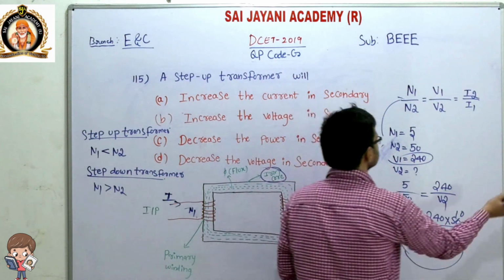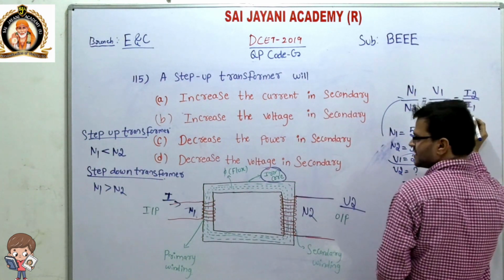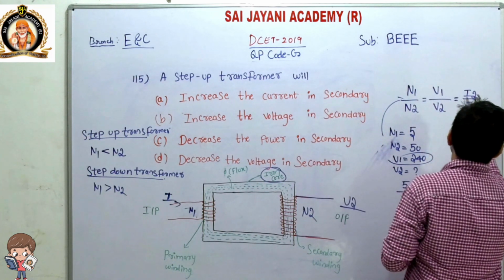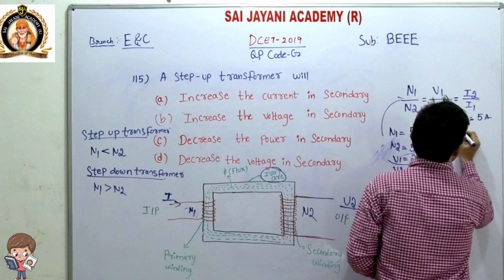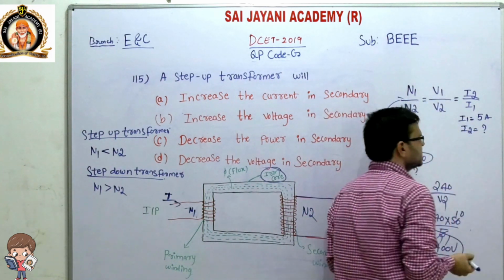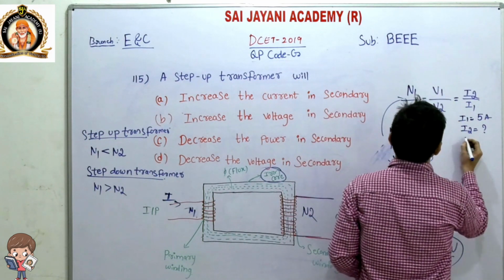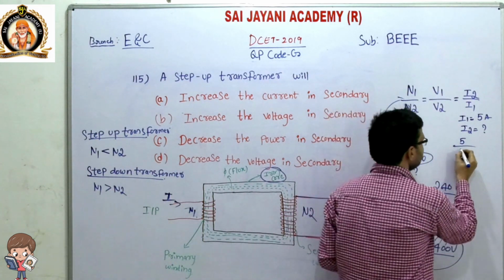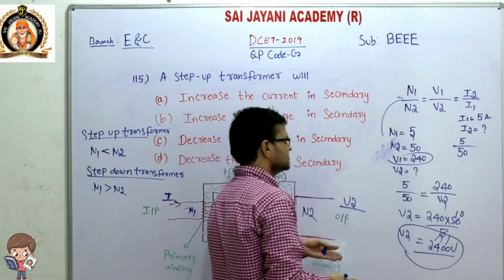Similarly, consider that we are supplying an input current of 5 ampere, and we have to calculate the current I2. By using this formula, we already know the number of turns in the primary winding is 5 and the number of turns at the secondary winding is 50.